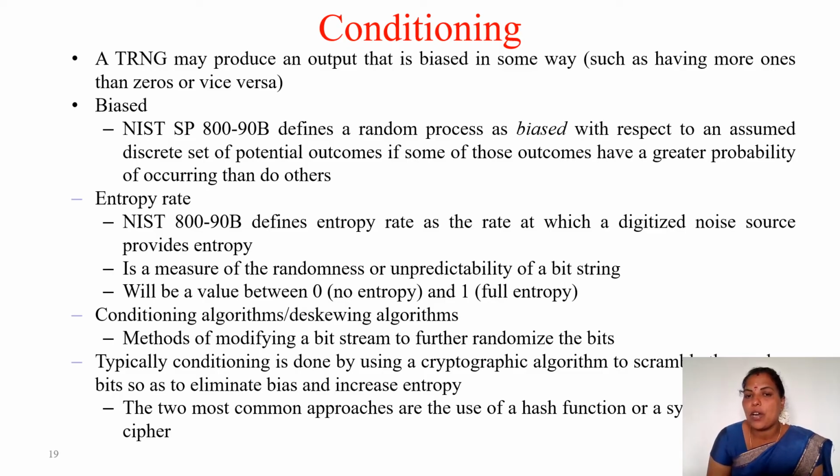It is a measure of randomness or unpredictability of a bit stream, with a value between 0, no entropy, and 1, full entropy. For that we have conditioning algorithms and de-skewing algorithms. A conditioning algorithm is a method of modifying the bit stream to further randomize the bits.